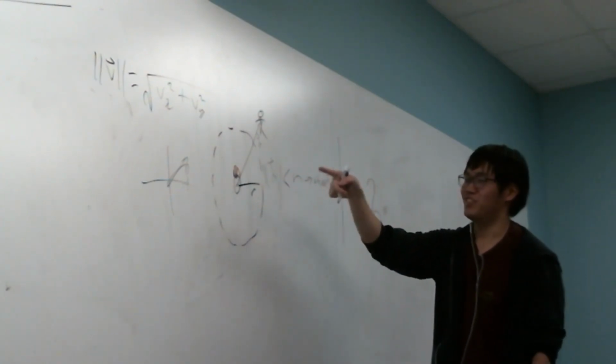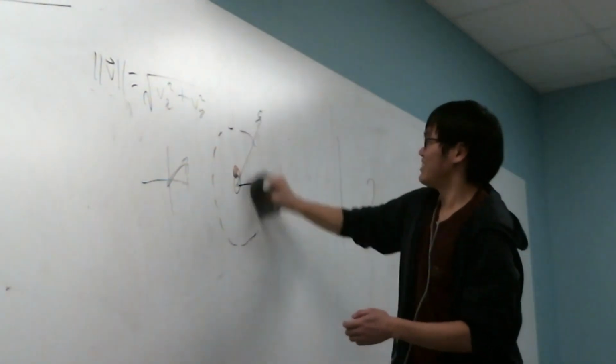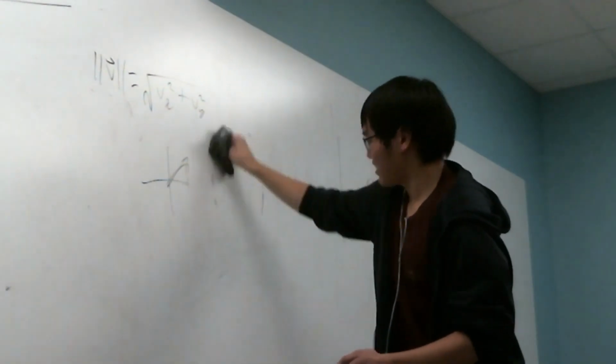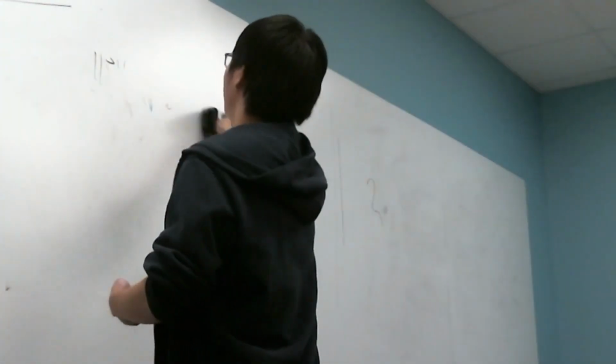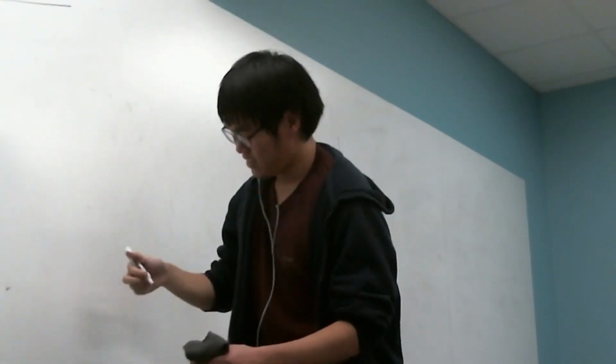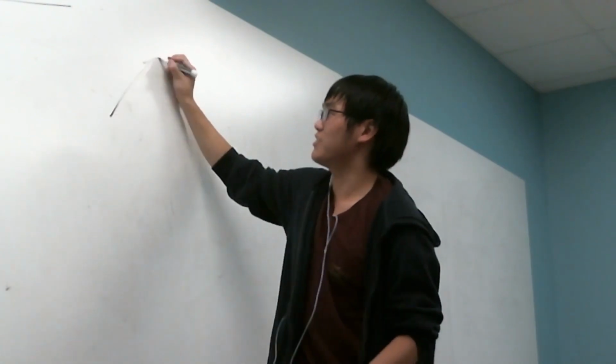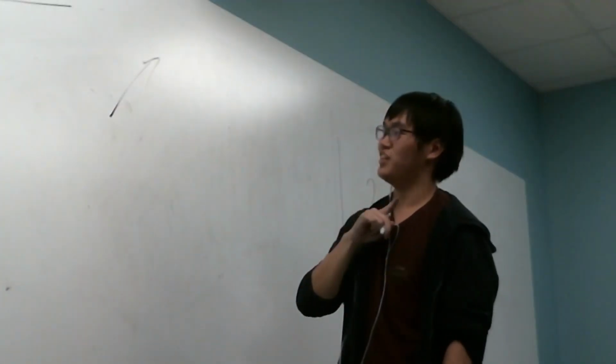Magnitude is also good for vector normalization, so I'm going to get into that right now. All right, so vector normalization. Let's say we have some vector, and we want it to be of length 1.